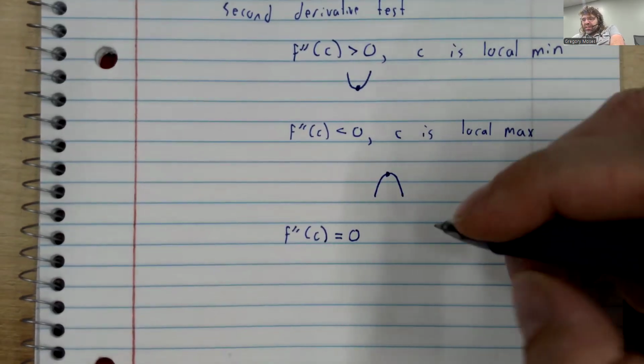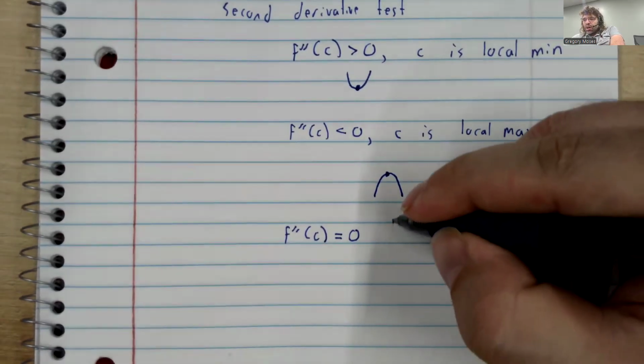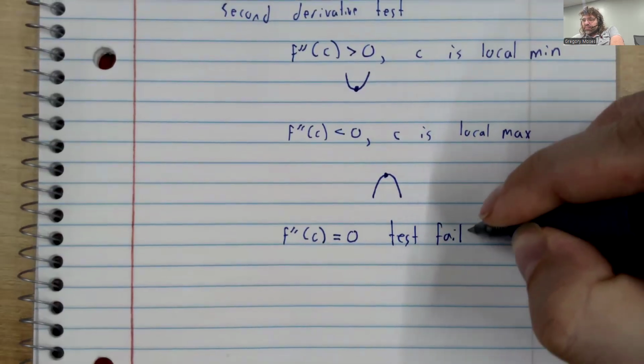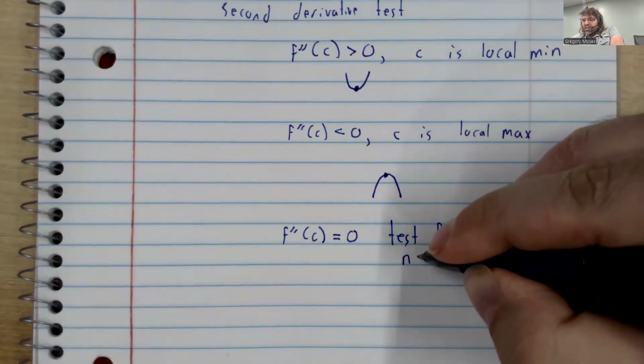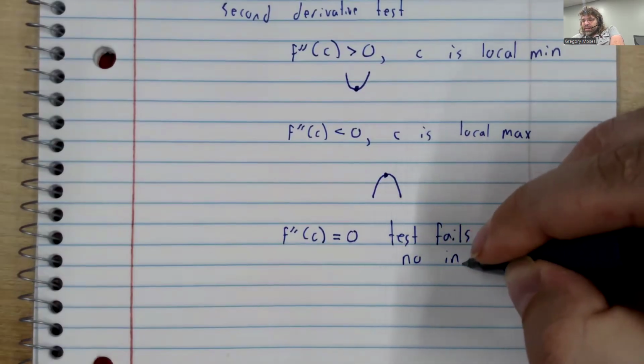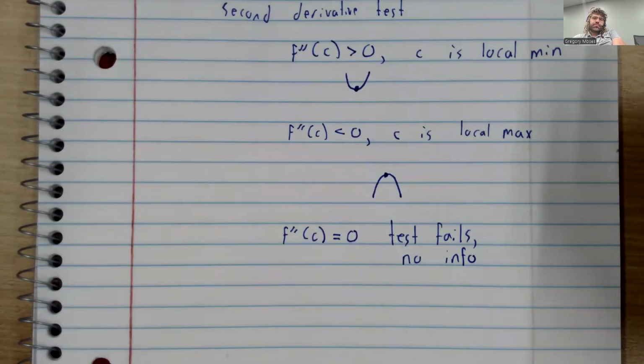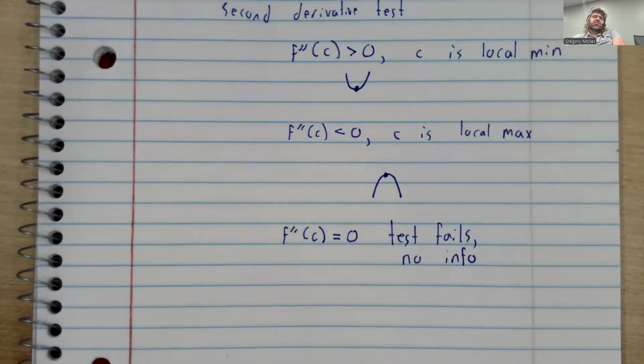In fact, if the second derivative equals 0, the test fails and we gain no info. Very, very sad. But that's the second derivative test.